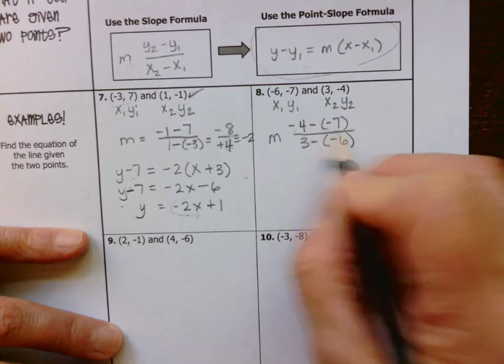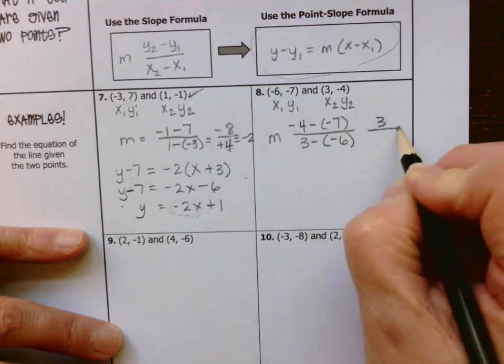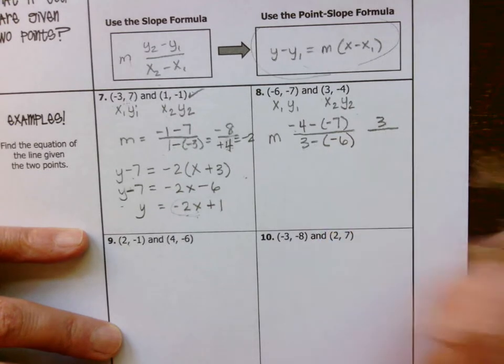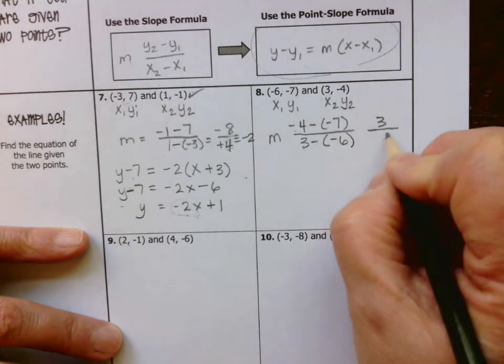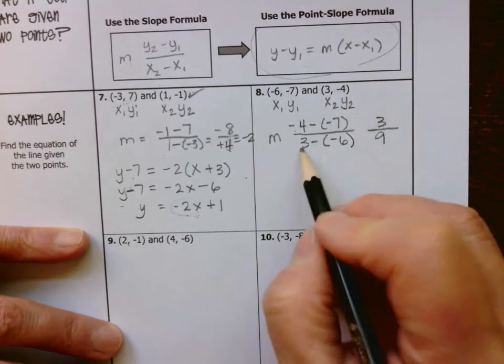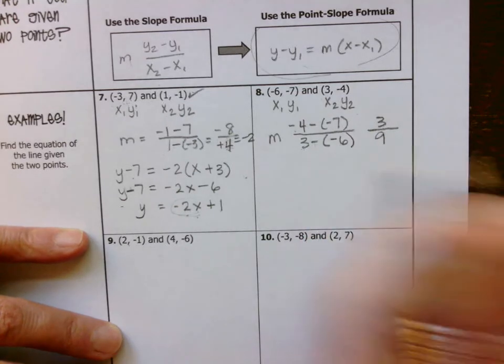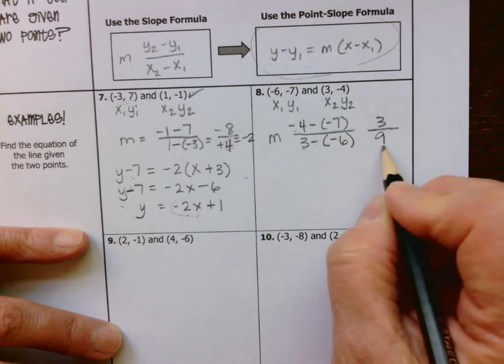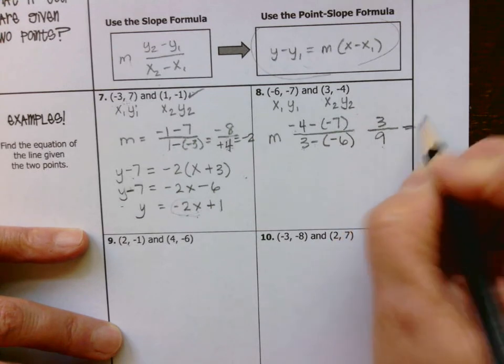So this is negative 4 plus 7, which gives me 3. And this is 3 minus negative 6, which gives me 9, I think, right? 3 plus 6. So I know my slope here is 1/3. I'm going to simplify this fraction to be 1/3.